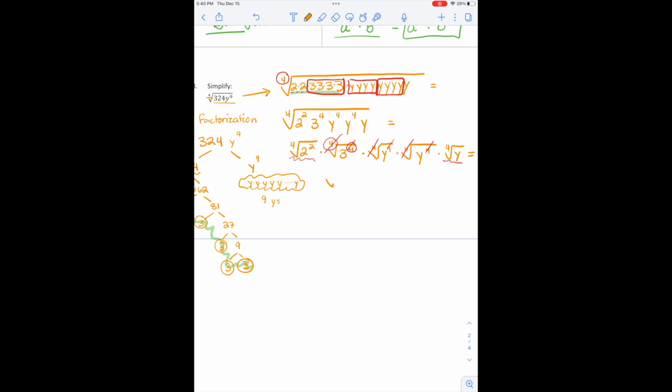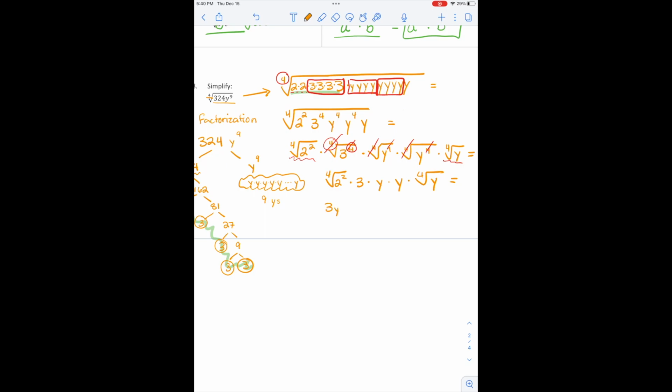So I can rewrite again. The 4th root of 2 squared times 3 times y times y times the 4th root of y.